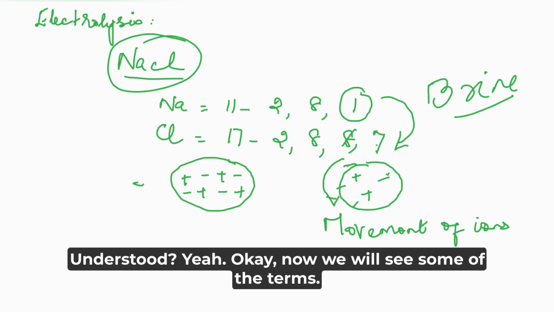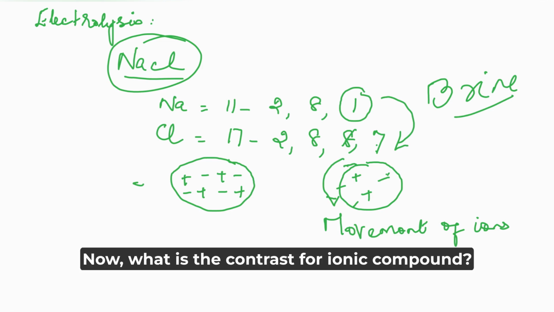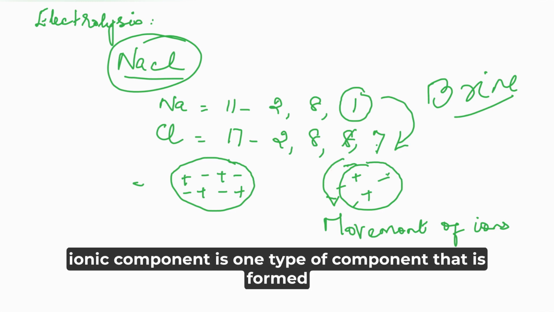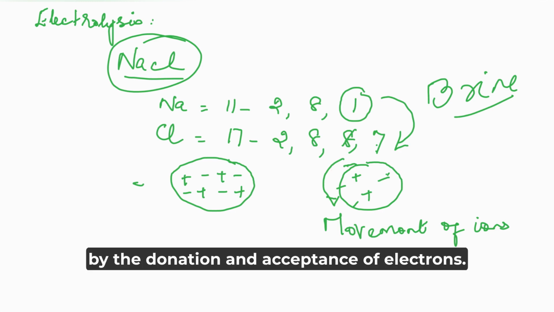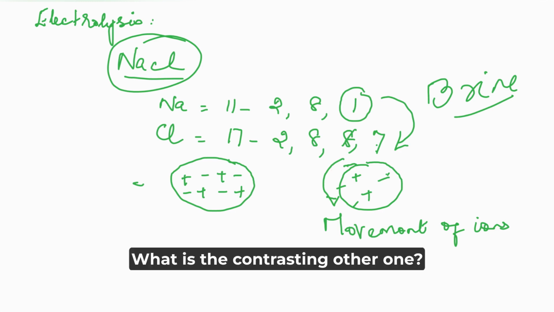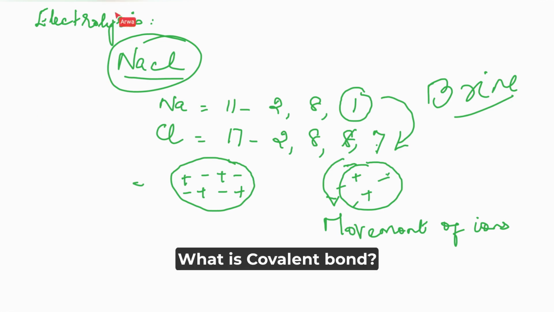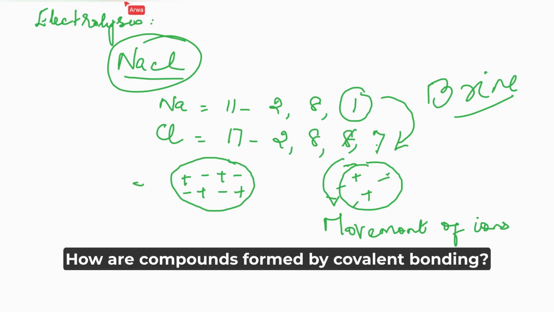Understood? Okay. Now we'll see some of the terms. What is the contrast for ionic compound? Ionic compound is one type of compound that is formed by the donation and acceptance of electrons. What is the opposite of ionic compound? Covalent compounds. Very good. How are compounds formed by covalent bonding?